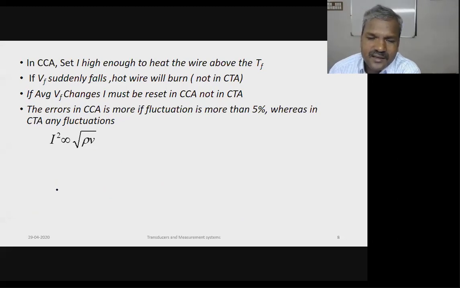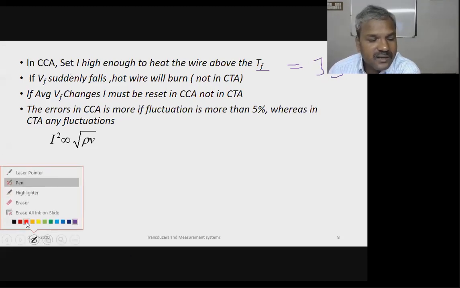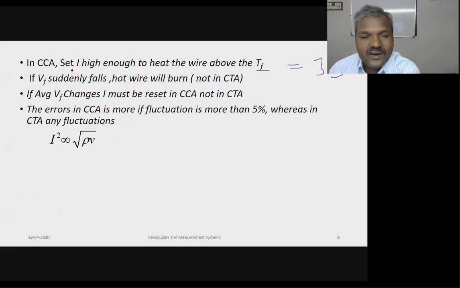Suppose the fluid temperature is 30, 35 or 40 degrees Celsius. So we have to increase the current. We have to set the current in the constant current anemometer to heat the wire. Otherwise, we can't detect the fluid velocity.